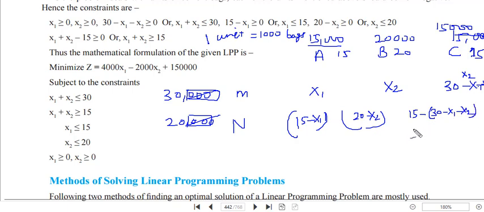So it will be X1 plus X2 minus 15, right?